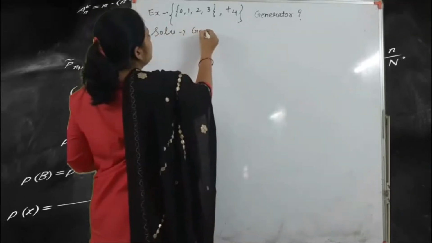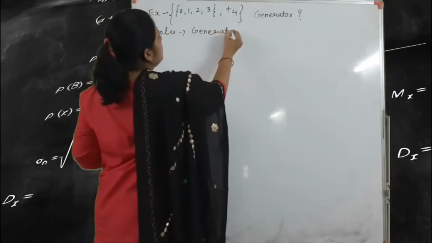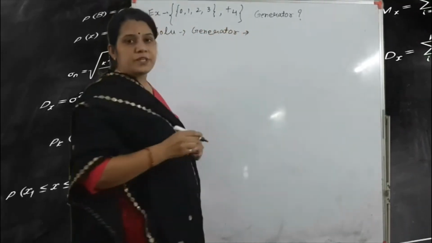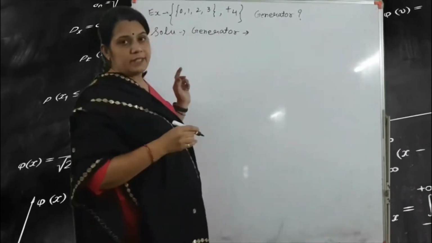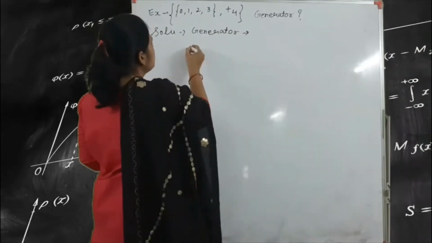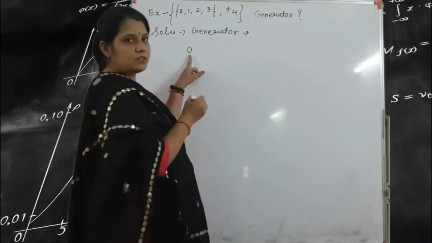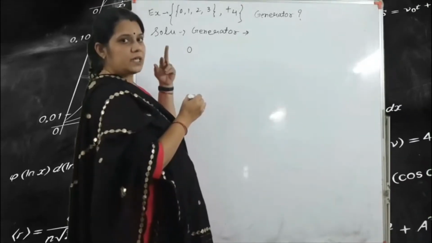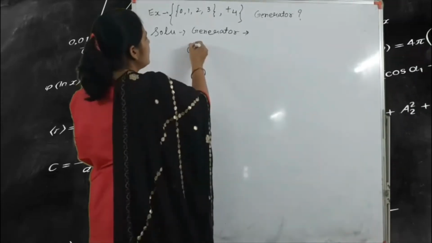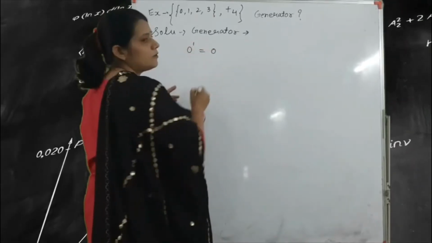For finding the generator, first we consider the zero element. If we consider the zero element, first we use 0 power 1. Here we write 0 power 1, that means 0.